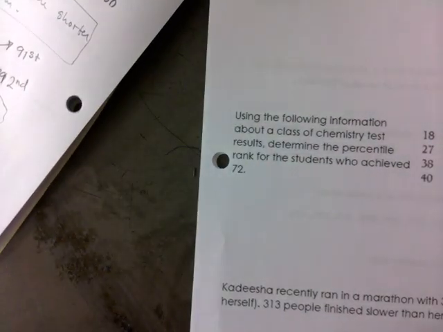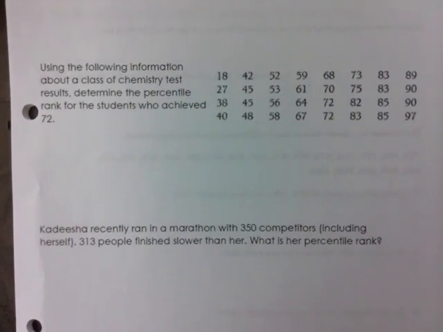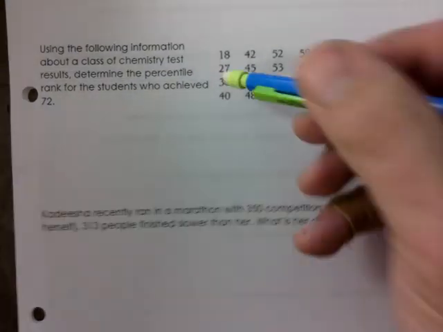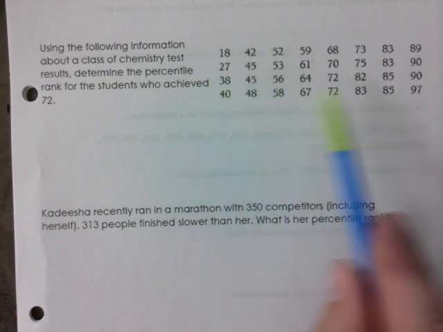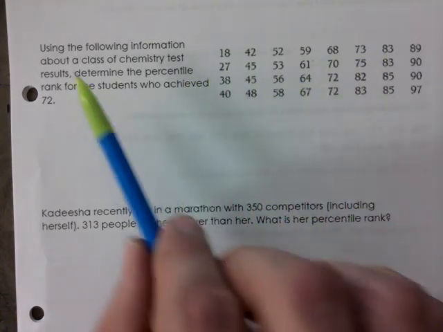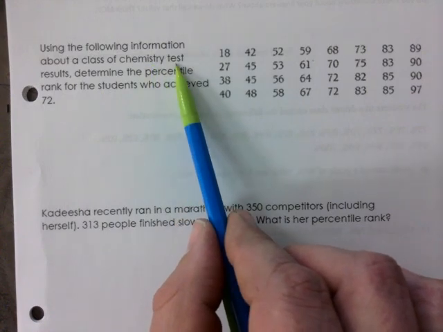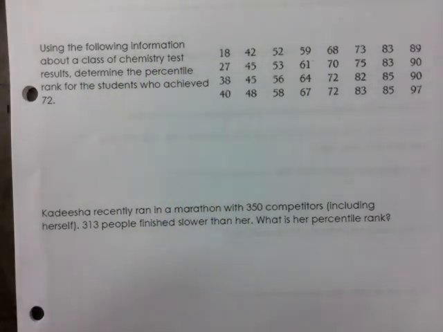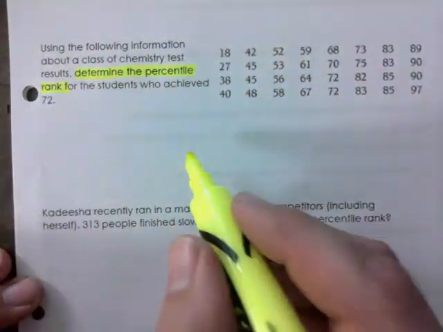I would like you to go to 56. Before we go, I want you to try these two questions, okay? This one in the middle here with the bunch of values there. Using the following information about a class of chemistry test results, determine the percentile rank. Highlight that maybe. Determine the percentile rank for what?